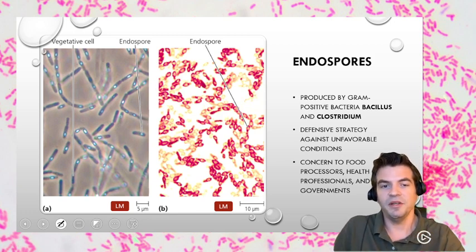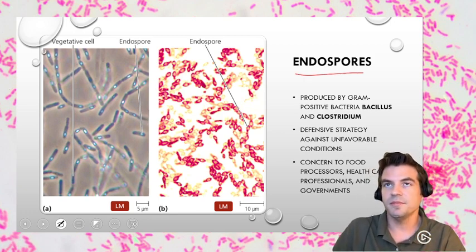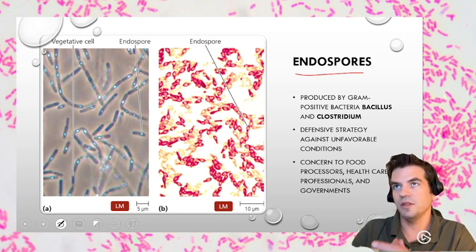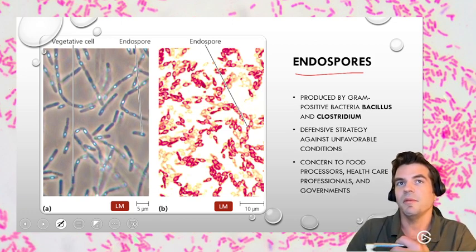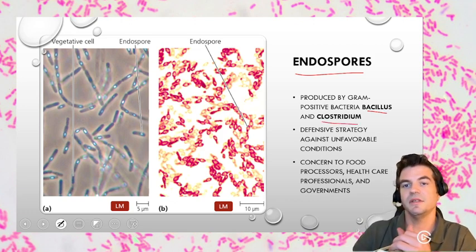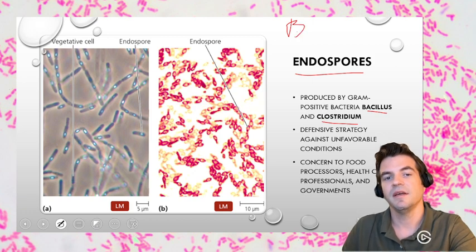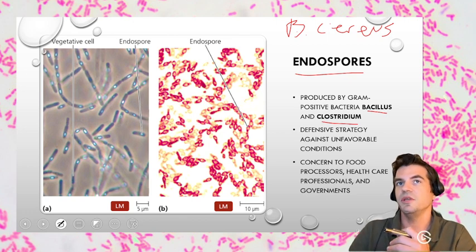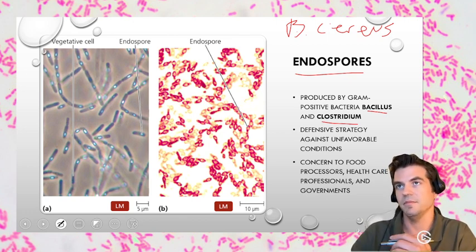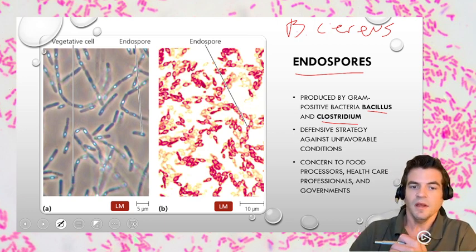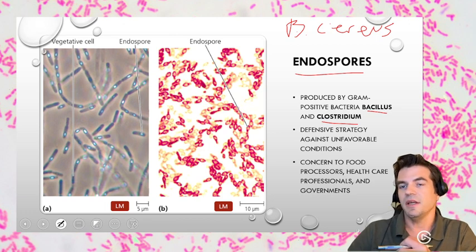All right, and we've mentioned these before, but endospores are extremely common in gram-positive bacteria known as Bacillus and Clostridium. In fact, Bacillus cereus, or B. cereus, is what we used in the lab just the other day to see a gram-positive example. They use these spores as a defensive strategy against unfavorable conditions.